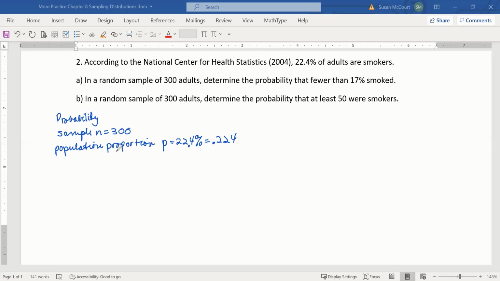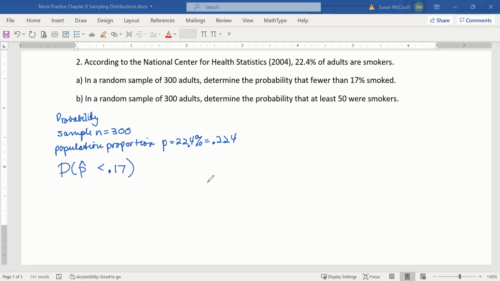That tells me we're doing the probability about a sample proportion, because they did a sample of 300 and want to know the probability is fewer than 17%. So that means we're looking for the probability that p hat is less than 0.17.